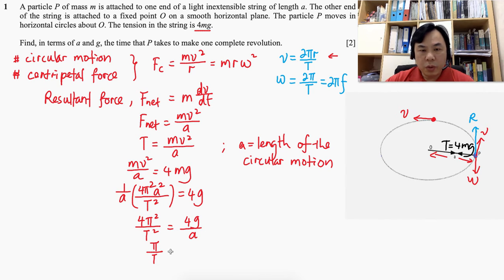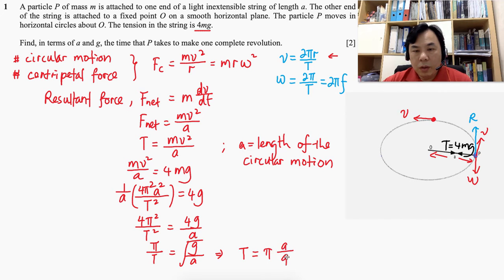So I can square root both sides here. Okay, and then finally, I will be able to obtain the time period. So the time period is given by pi square root of a over g. Of course, the unit is second here, right? Okay, so there you have it. This is how we solve it using one set of the formula there.